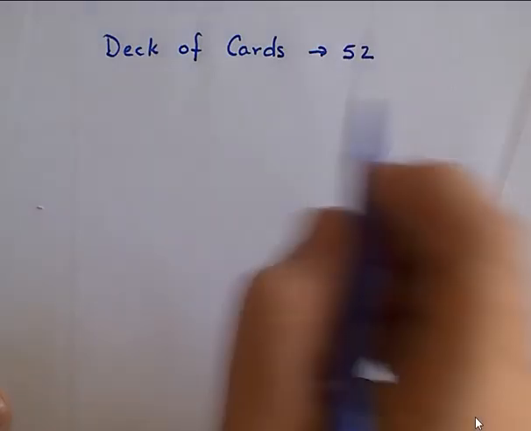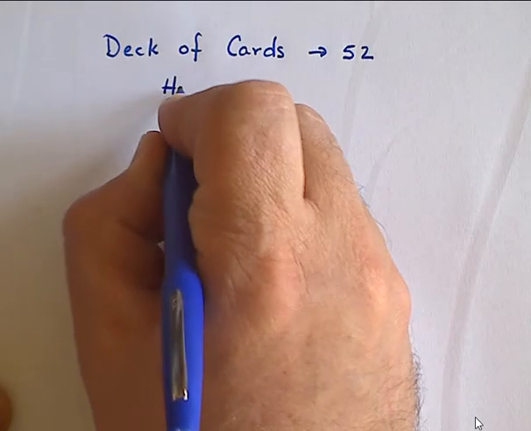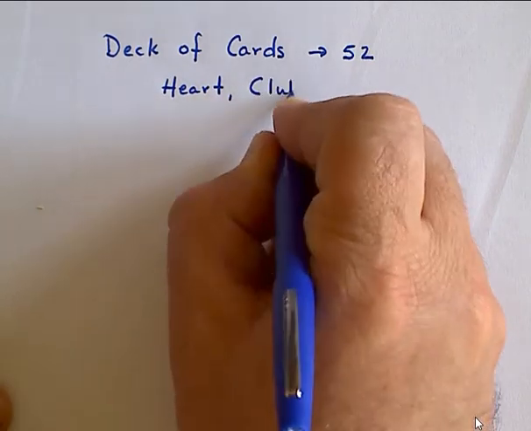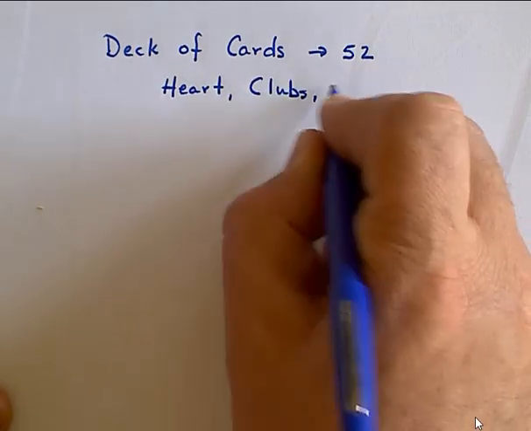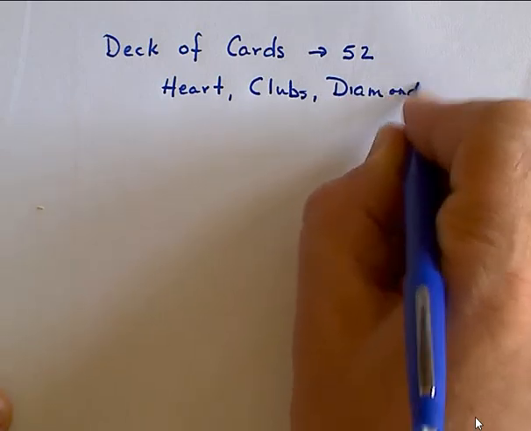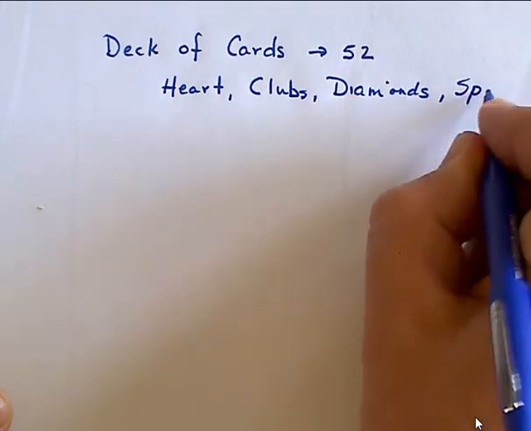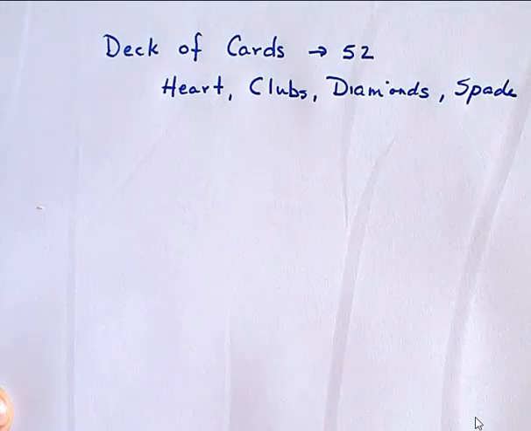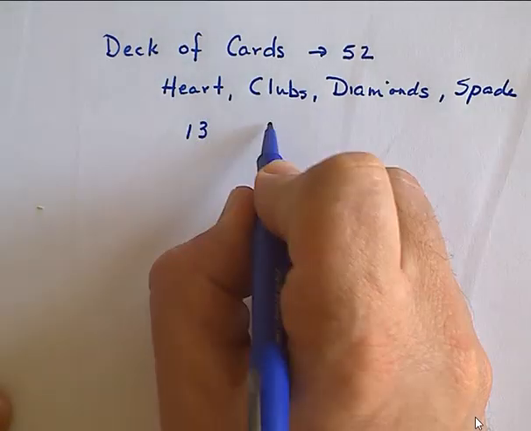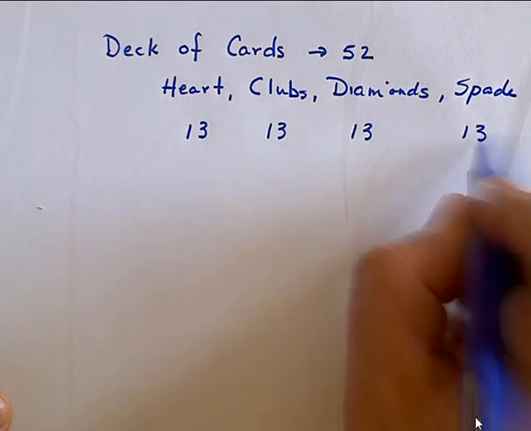There are 4 different suits: the hearts, clubs, diamonds, spades. And when you go ace through king, there are 13 cards in each suit. That's what makes up the 52 cards.